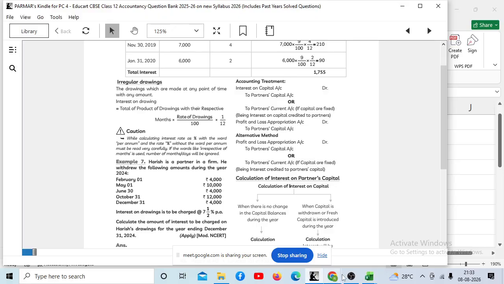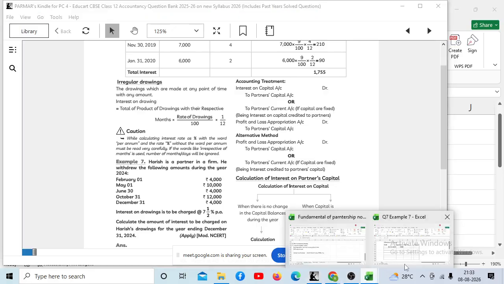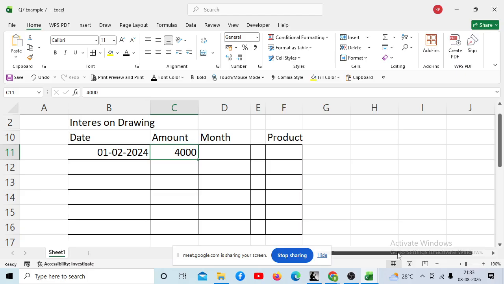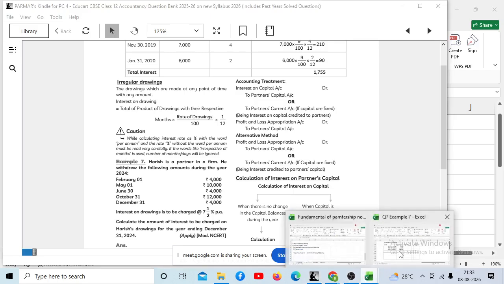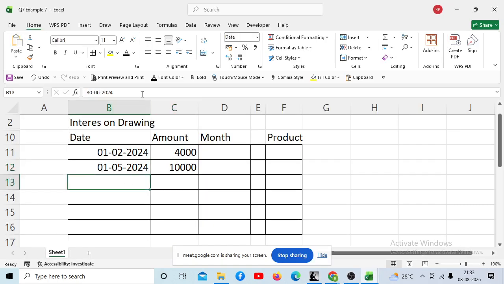Then next is 1st May, and the amount is 10,000. Next is June 30 and the amount is 4,000.